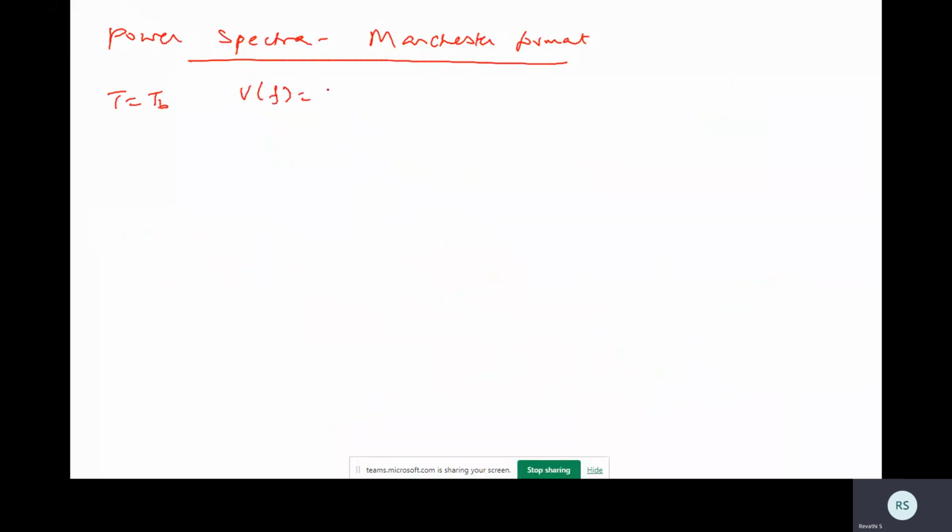Next, the power spectra for Manchester formatting. For Manchester format, again T is TB, V of f is j TB sinc of f TB into sine of pi f TB. This is for Manchester formatting. And RA of n equals A square when n equals 0 and 0 when n is not equal to 0.